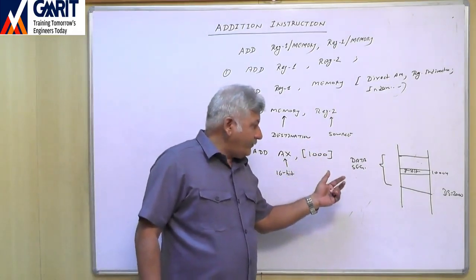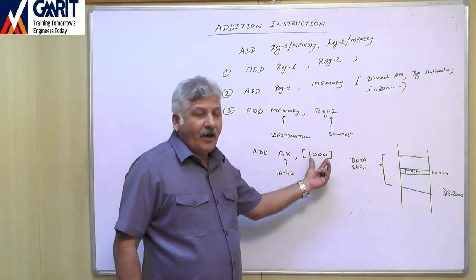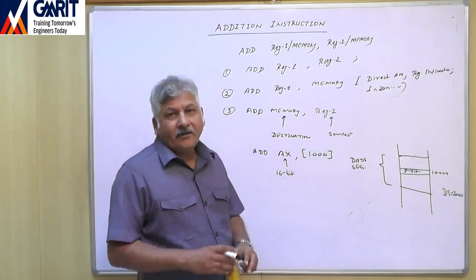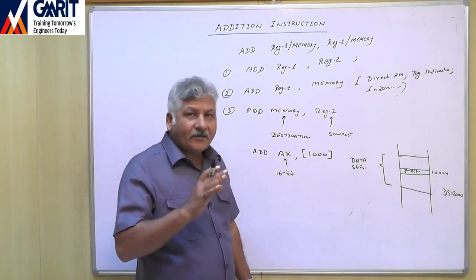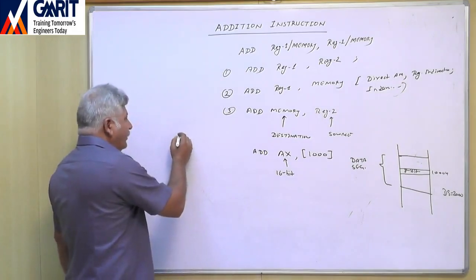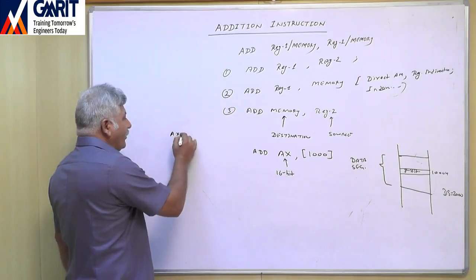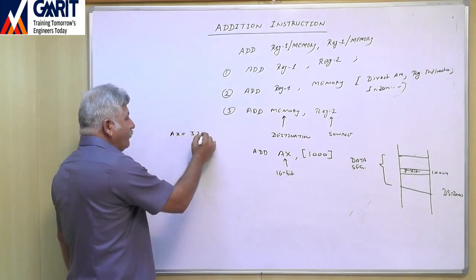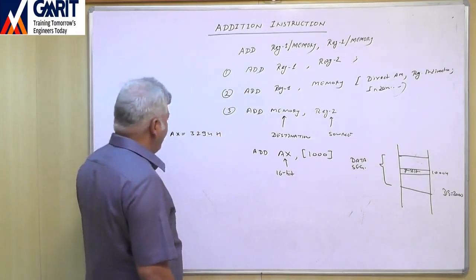Now in memory, whatever offset address is given with the instruction, at this offset address the lower 8 bits of our 16-bit data are stored. For example, let us assume in AX we have some value 3294H. This is the value of AX.